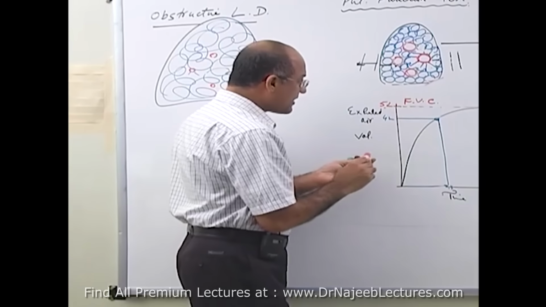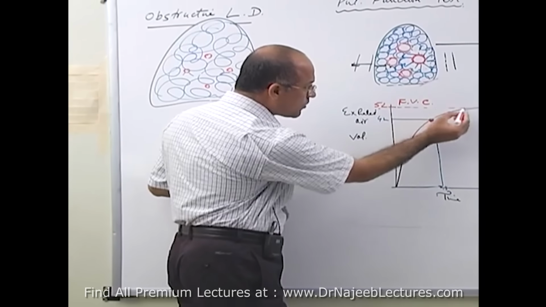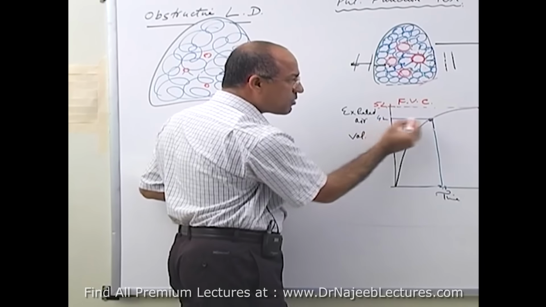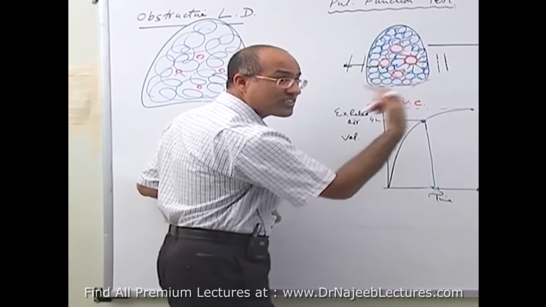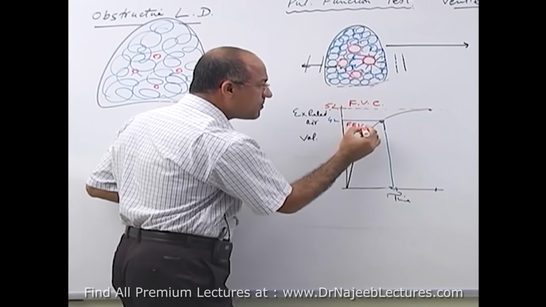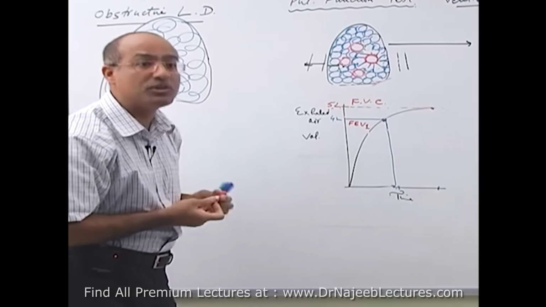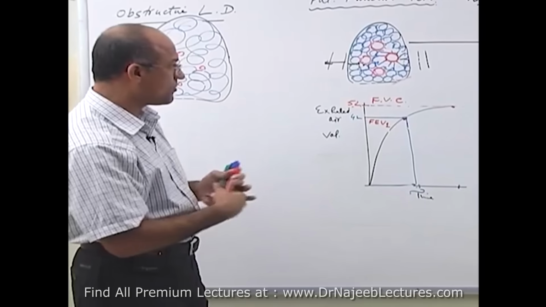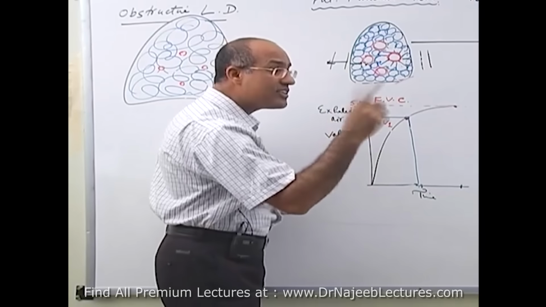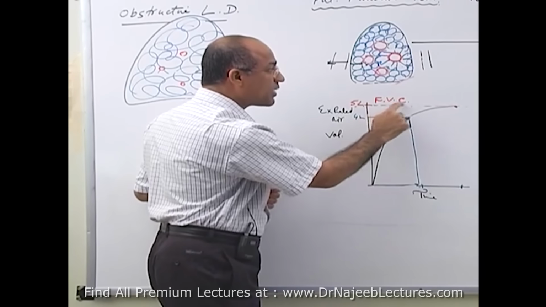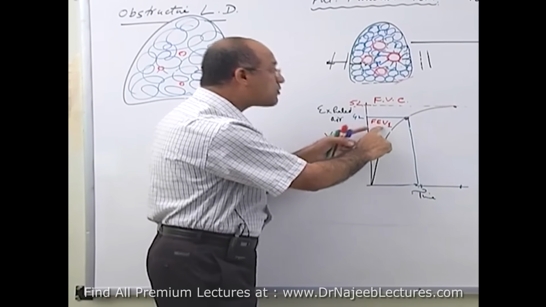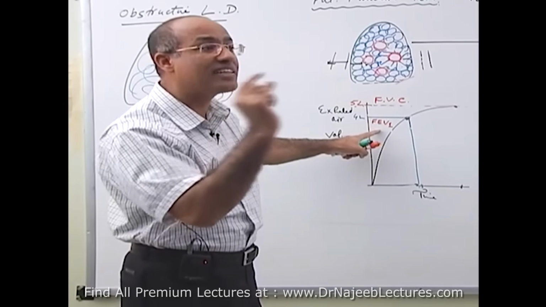So what we can say is that this volume was forced vital capacity. What was this volume? Yes, who will tell me what is this volume which is brought out during the first second? Yes, forced expiratory volume during 1 second, FEV1. Now, if someone asks what is the fraction of forced vital capacity which is released during the first second, that fraction is mainly determined by the airway caliber.